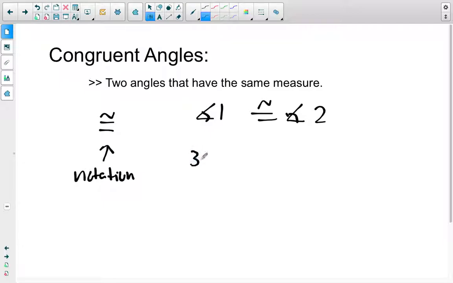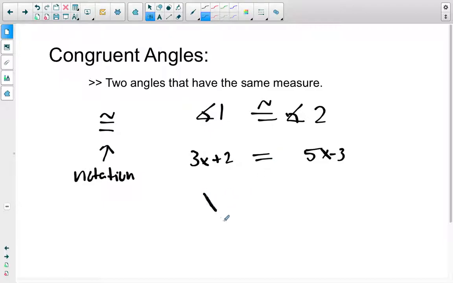If I had 3x plus 2 and 5x minus 3, I can't say those are congruent. That's wrong. I would say these two are equal. Keep that in mind, especially next unit when we start getting into proofs. This will be a very important difference between the two.